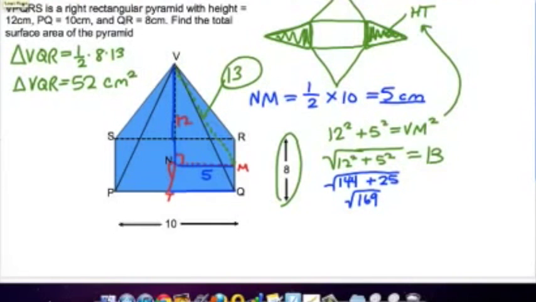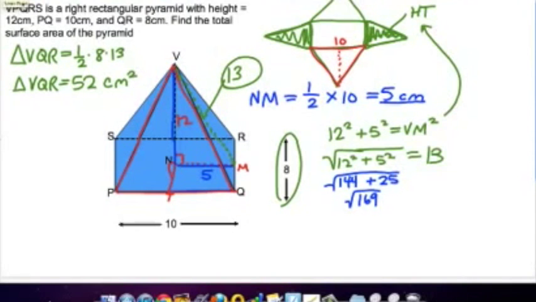Now we're going to do the same thing that we just did for triangle VPR, which is this one right here. Or if you're looking at our net, now is this triangle. I know the base is 10, but I can't find the area of this triangle until I figure out what the height is.